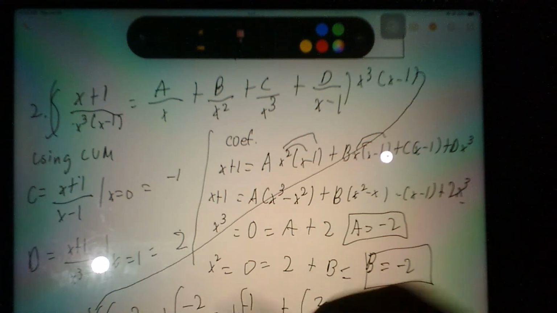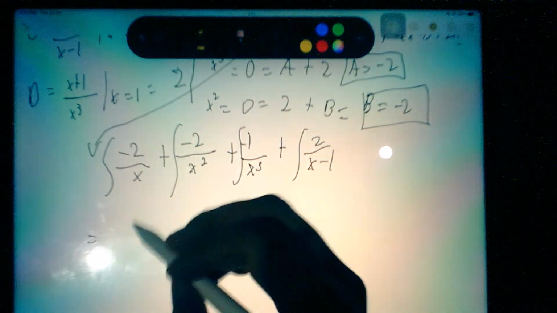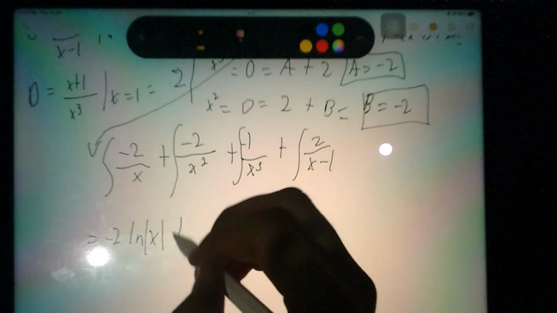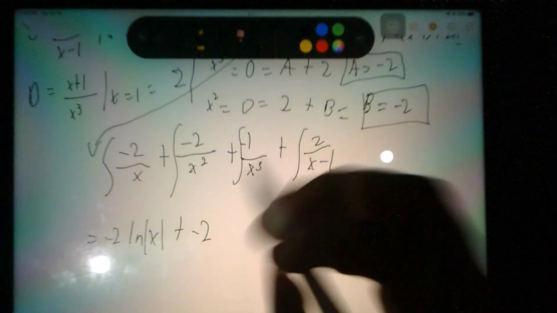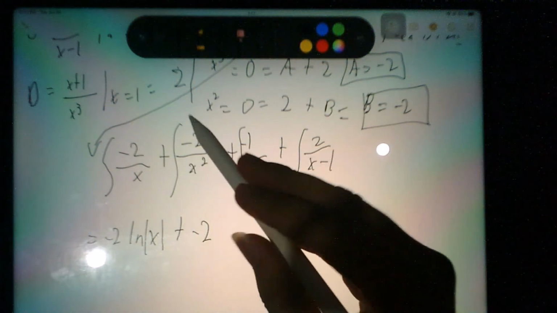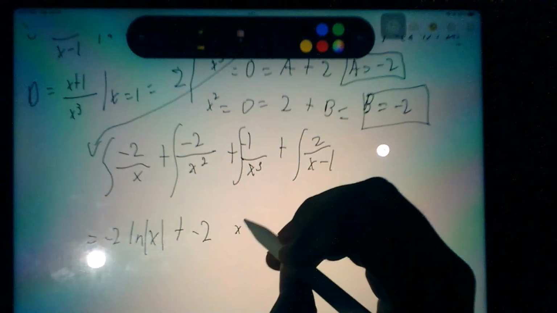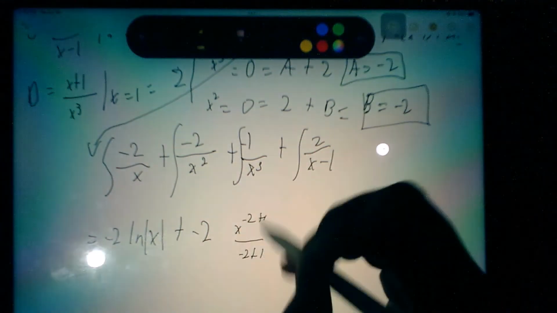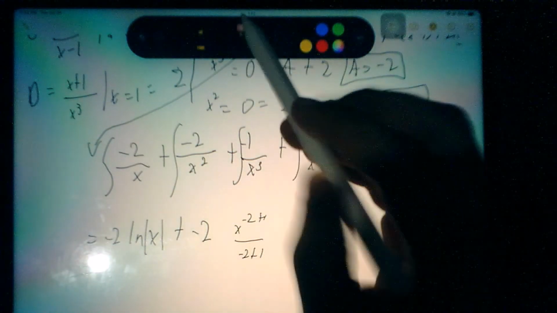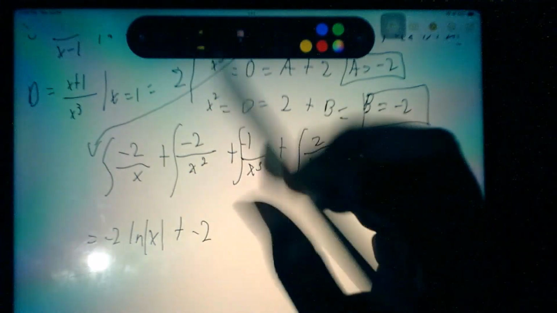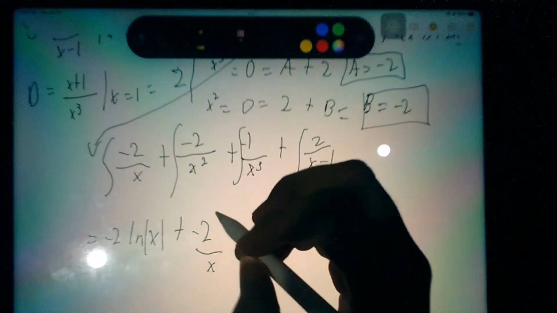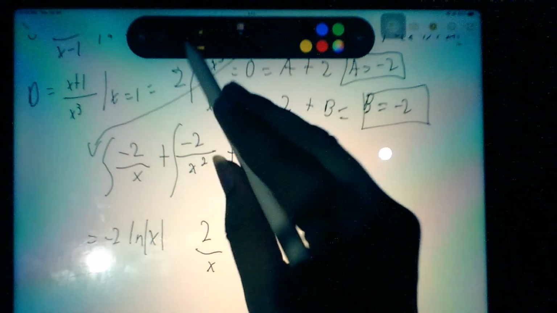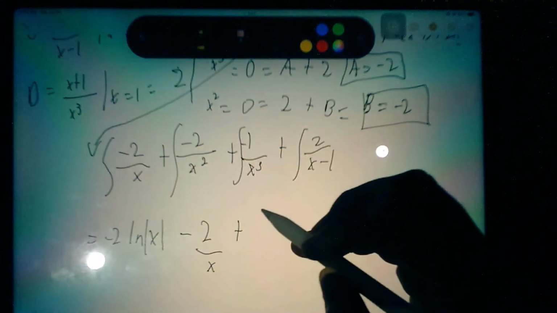Now we are ready to integrate each one of them, so this will become negative 2, we put outside, and the integral of 1 over x equals ln of x, plus negative 2, and by integrating this, x here becomes x squared, negative 2 plus 1, that will become 1 over x, so this is negative 2 over x, plus negative 1 here.